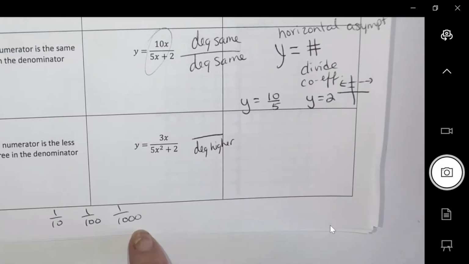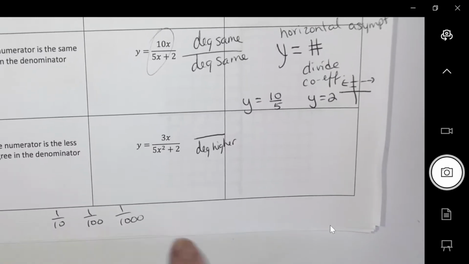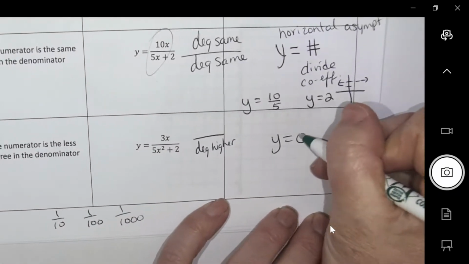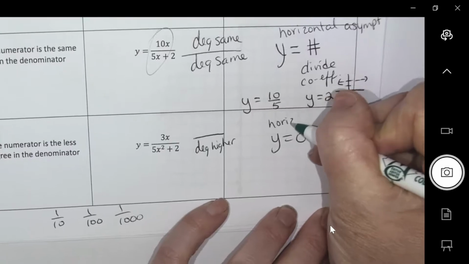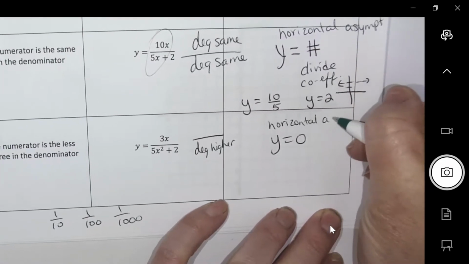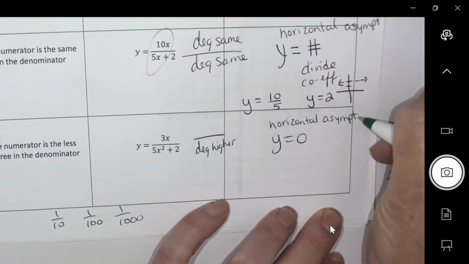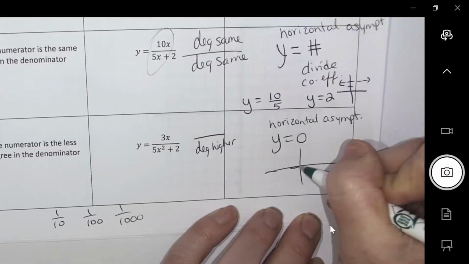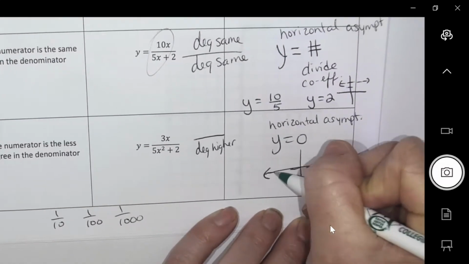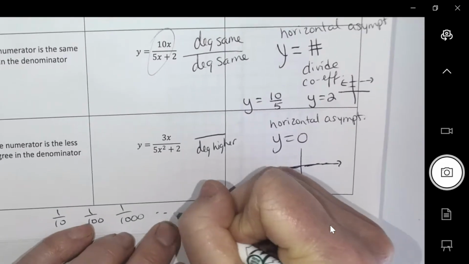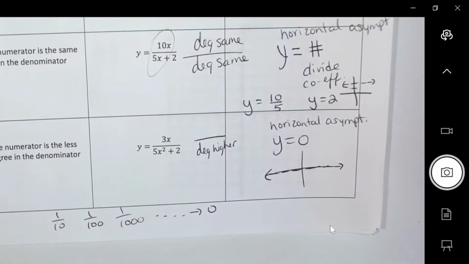What number are you actually getting really close to? 0. So when the bottom of a fraction gets bigger, you are getting smaller and smaller, closer and closer to 0.